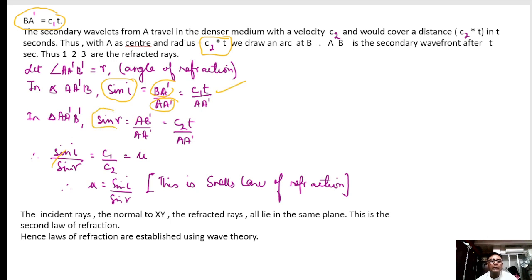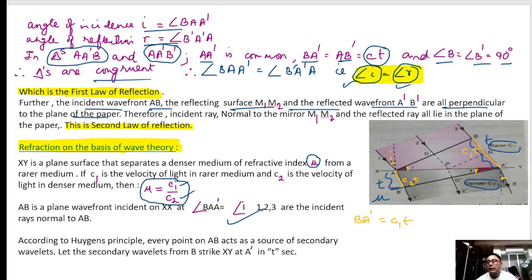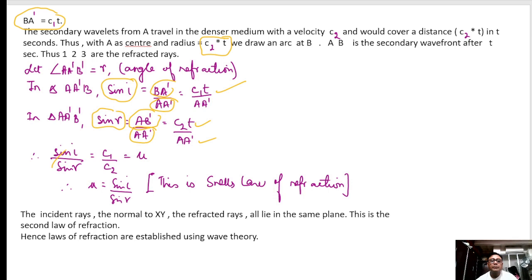Similarly, sine R will be A B dash by A dash, that is C2t by A dash. That means now if I do sine I by sine R, it is C1t by C2t. A dash will cancel, t will cancel, and C1 by C2 is the refractive index. So we are getting sine I by sine R is the refractive index.